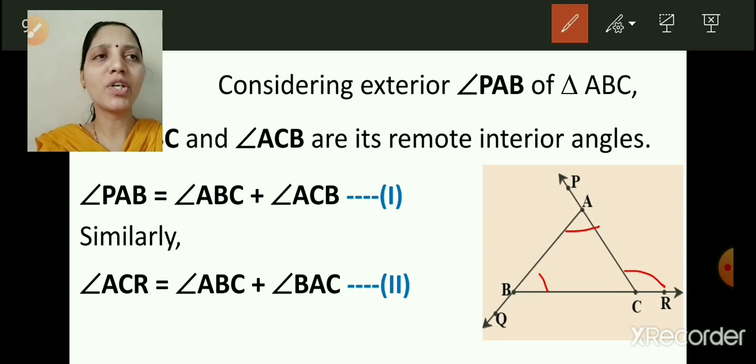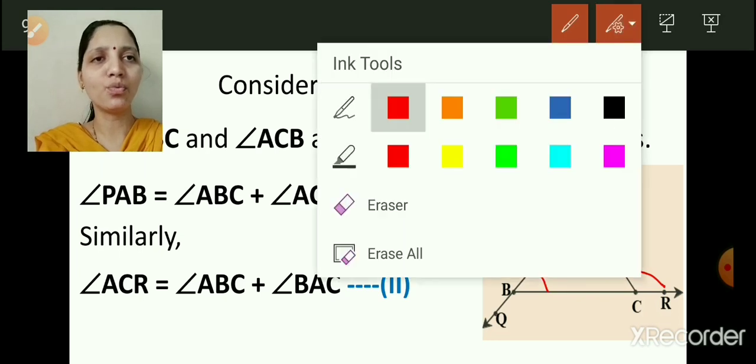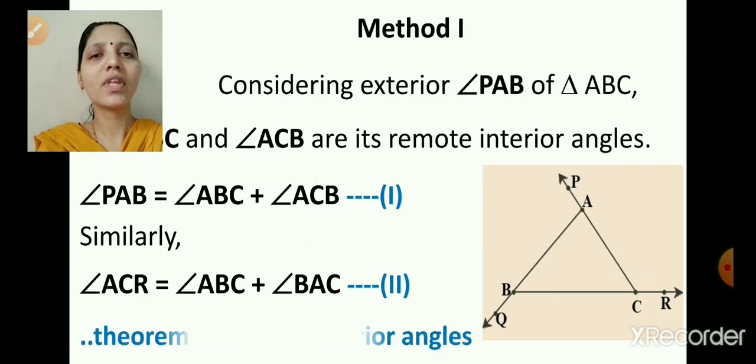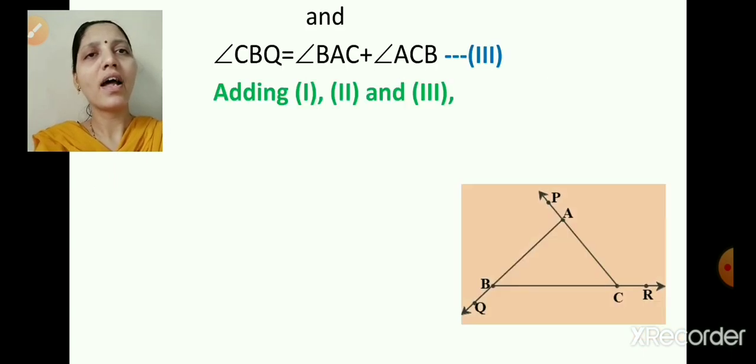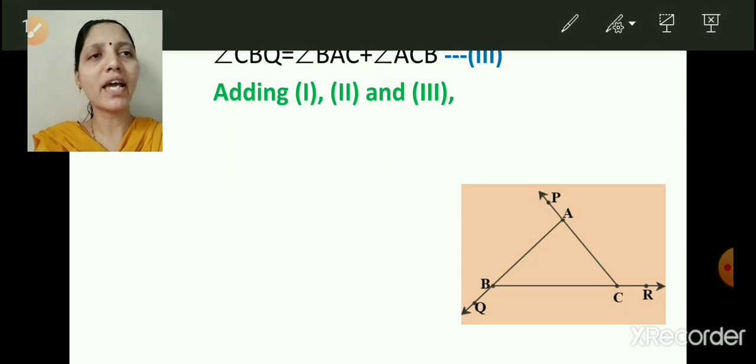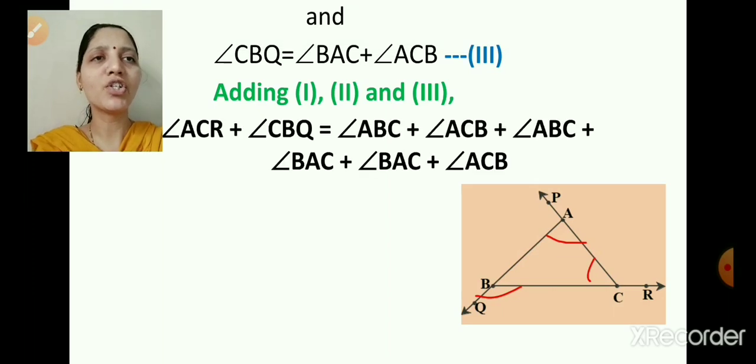Write this as equation 2, and the reason you will write again as the theorem of remote interior angles. Similarly, for angle CBQ, you can write angle CBQ is equal to angle BAC plus angle ACB. Write this as equation 3.